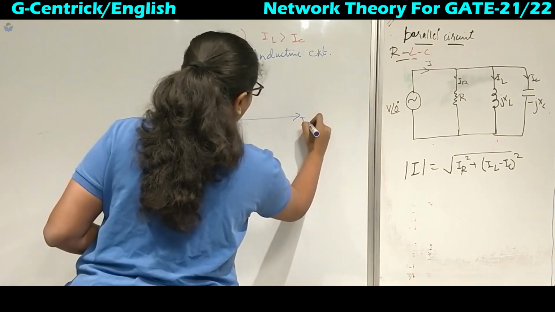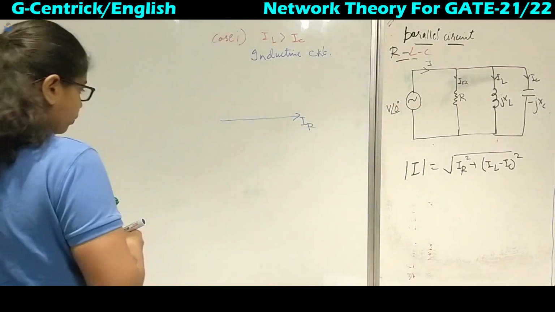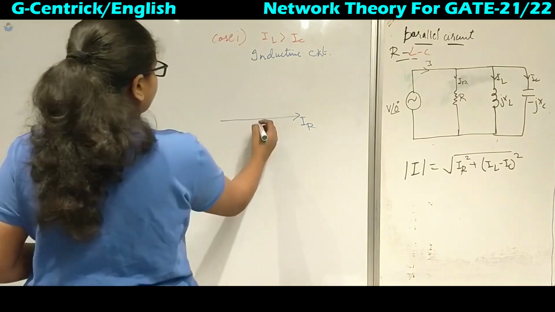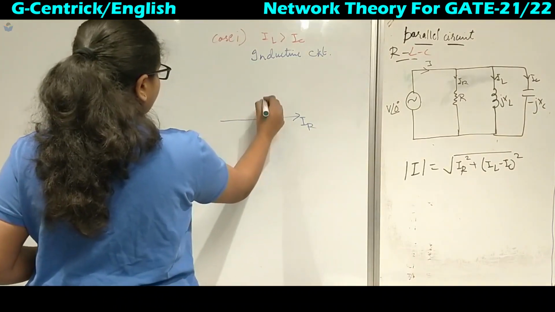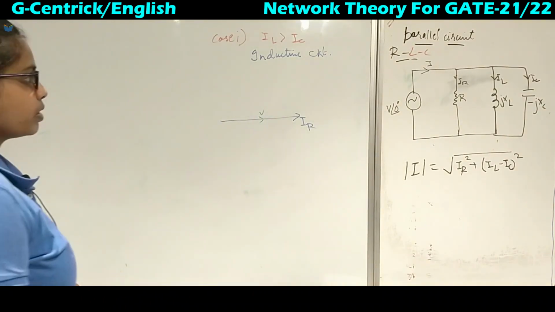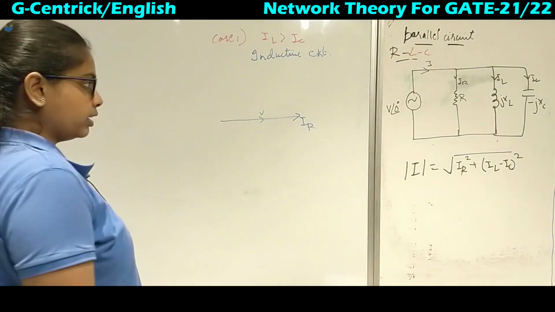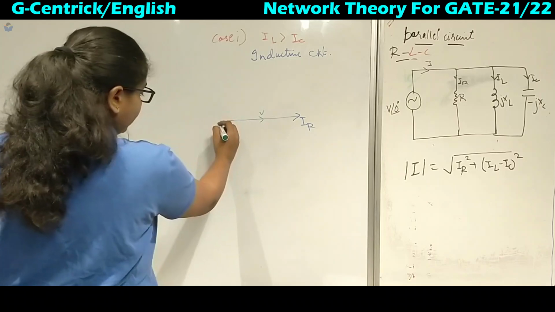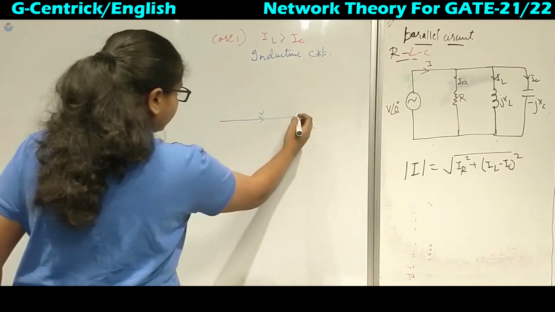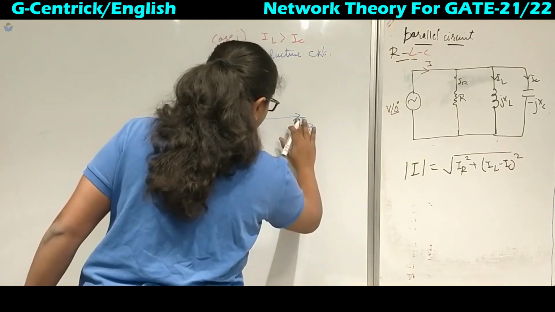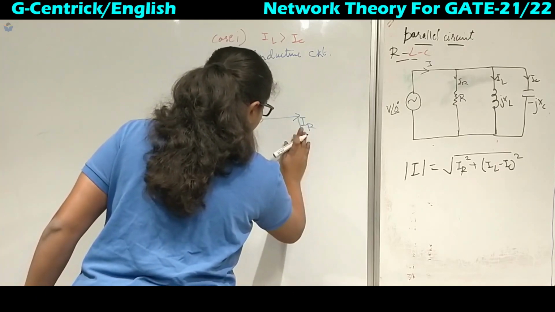We have IR. For the resistor the current will be in phase with the voltage, so this is in phase with IR. Next it is IL. In case of the inductor we know that current is lagging by 90 degrees. So instead of drawing here, I will draw it here.